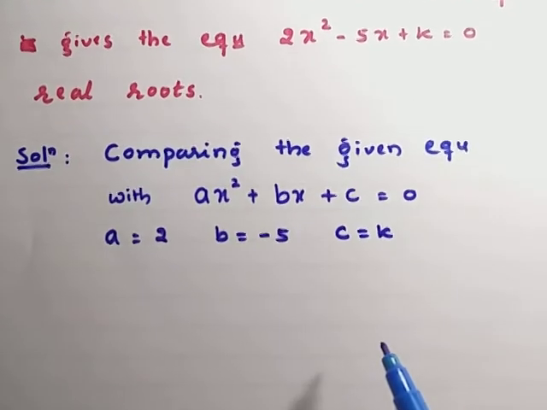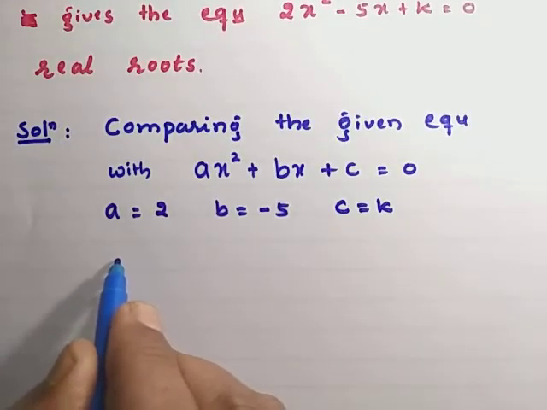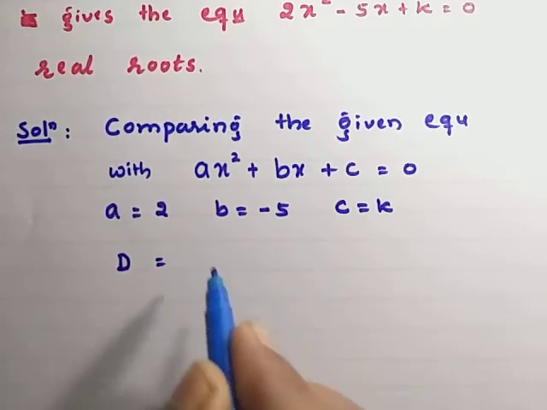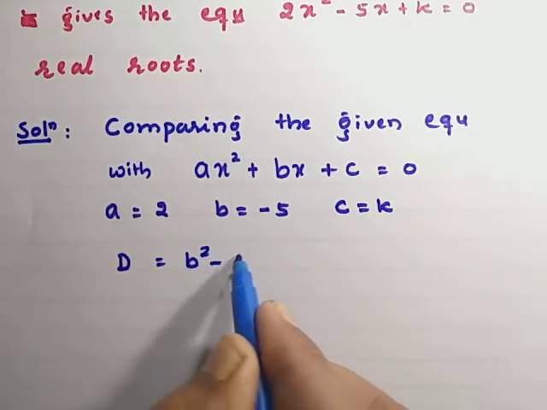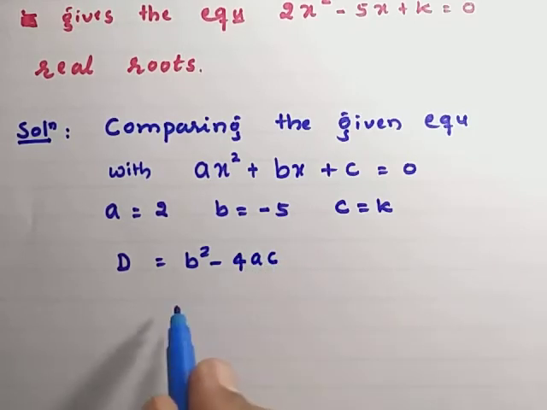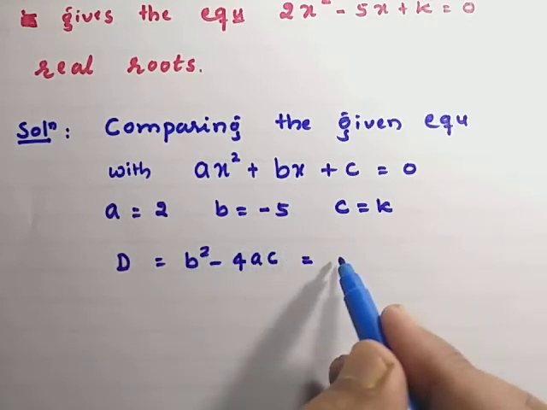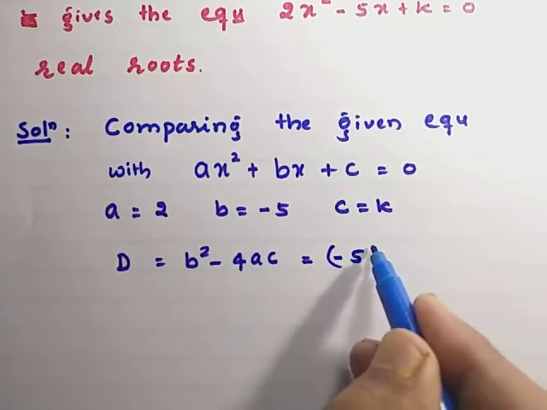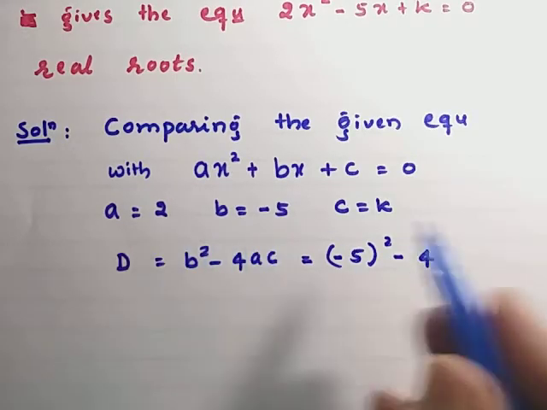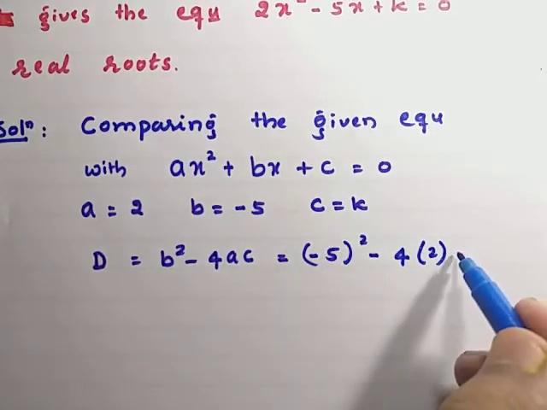When we have these values, discriminant d can be calculated. Discriminant d is equal to b square minus 4ac. This is equal to minus 5 square minus 4, a is 2 and c is k.